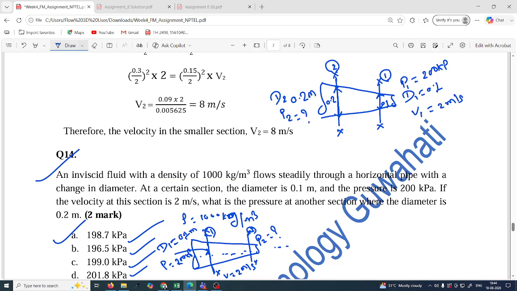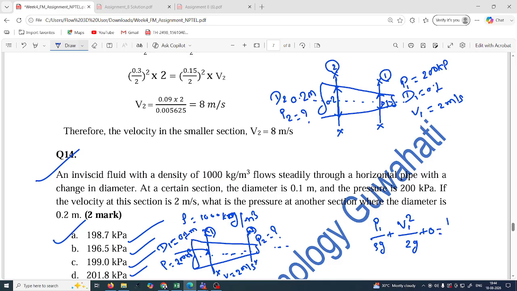So now we need to apply this Bernoulli equation. P1 by rho g plus V1 squared by 2g, plus Z. Whatever data you have already. If I am taking the datum as the center line, then definitely your Z will be 0 here.